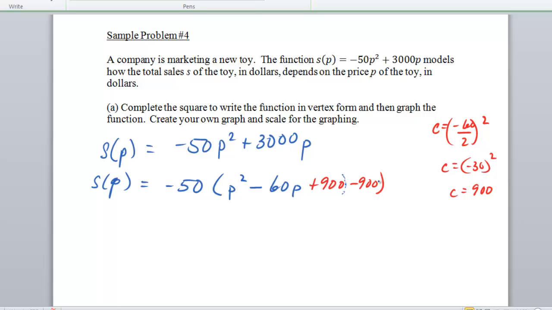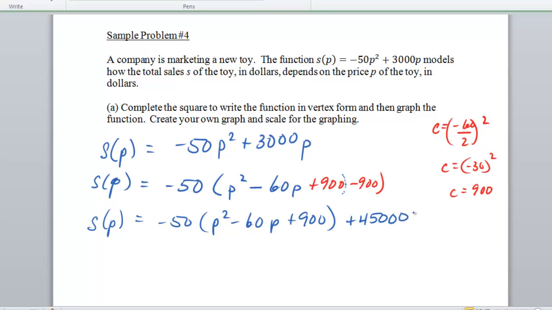So in order for me to get the negative 900 out of here, I need to multiply it times the negative 50. And so that will end up giving me something like this. Negative 900 times negative 50 is a positive 45,000. So I'm going to multiply that, kind of like distributing, but I'm only distributing one singular part of it. And so now I can actually write this in vertex form.